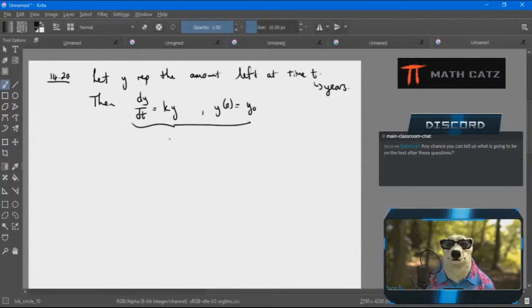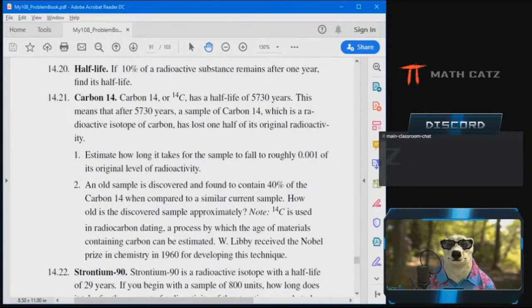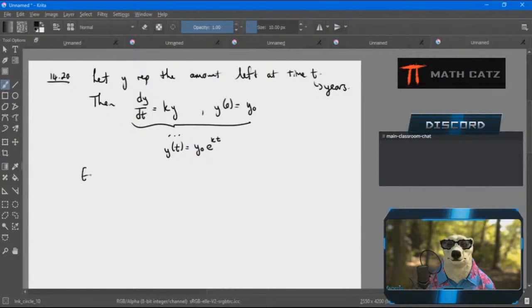So from this, just like before, like the very first one we did, you can go through the motions, be sure you can do it, and we will of course get the familiar exponential growth decay function. So now they give me the information that 10% of the radioactive substance remains after 1 year. So, extra information. After 1 year, we have 10% of the initial amount.